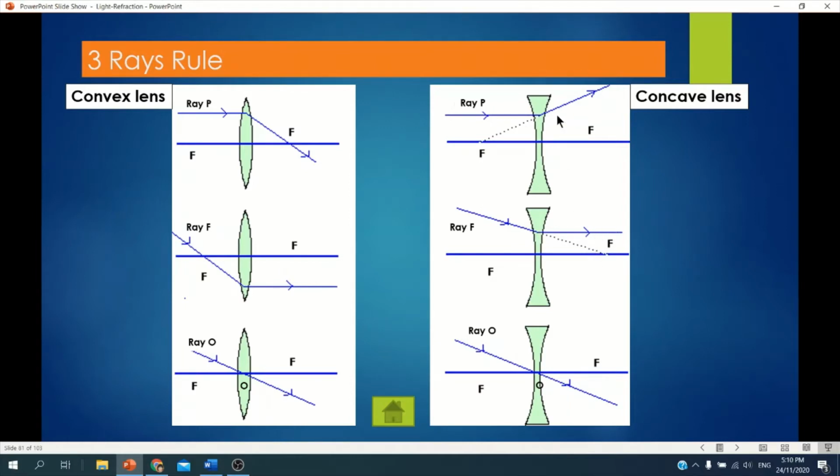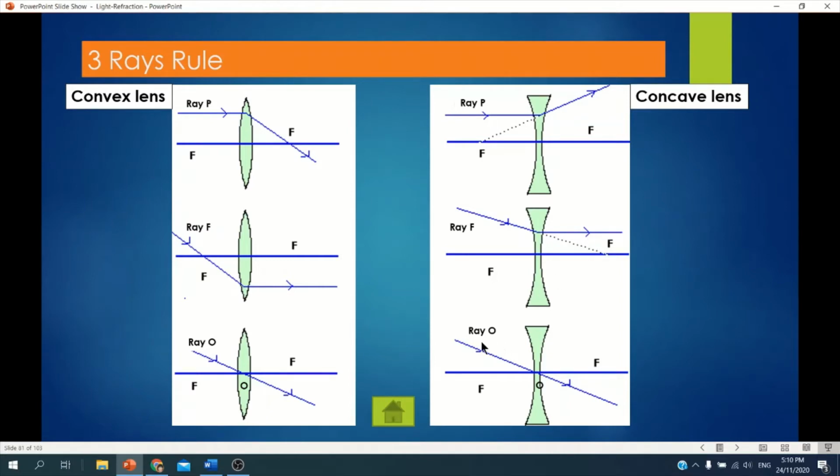So again, it is the opposite of ray P, similar to convex lens. So ray P and ray F, they are exact opposite to one another. For ray P, the incident ray is parallel. For ray F, the refracted ray is parallel.